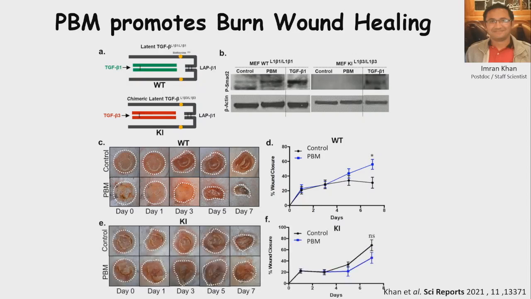This turned out to be critical for its healing phenotype. So in terms of the burn wound healing, which affects both the immunomodulation via macrophages, as well as the keratinocyte proliferation, migration, as well as increased colony-forming units, TGF-beta seems to be a key mechanism to promote photobiomodulation wound healing.